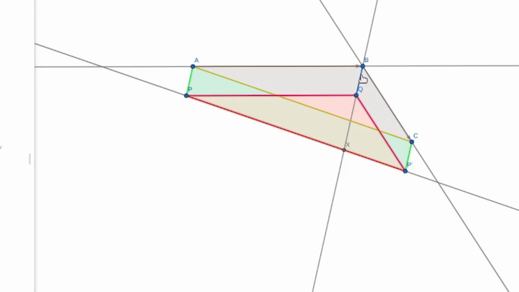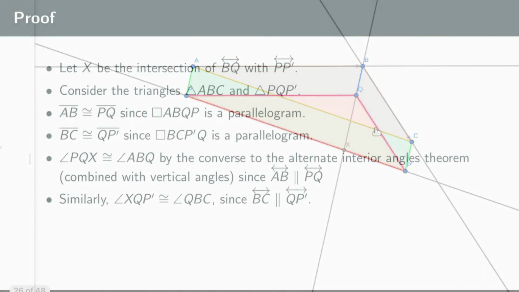And similarly on the other side here, CBQ and P prime QX are congruent because those are corresponding angles where my parallel lines are BC and QP prime, and my transversal is again this line BX.